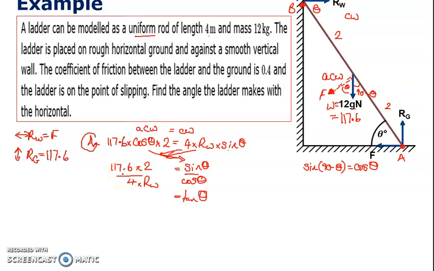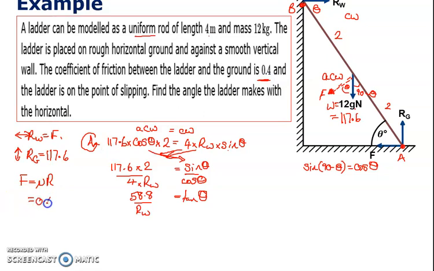117.6 times, let's do that sum, times the 2, divided by the 4, I get 58.8. So this is 58.8, still to be divided by RW. But of course RW is equal to the friction, and I can work that out. F equals mu R, because this time they tell me the coefficient of friction is 0.4.